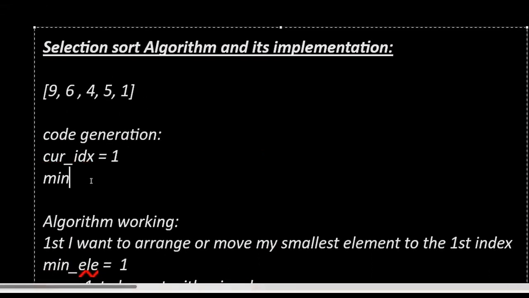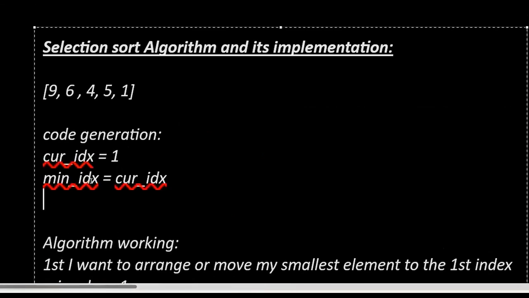So how do I find the minimum element index? Minimum index, let's say, whatever I picked, that index is the minimum. Let us assume whatever index I picked is the minimum element index.